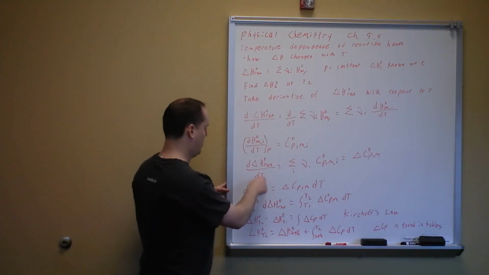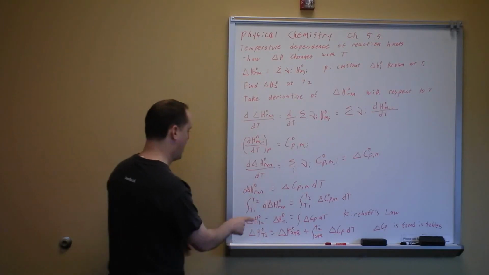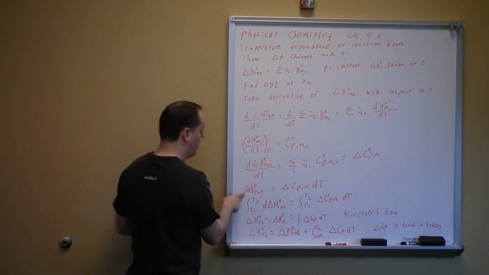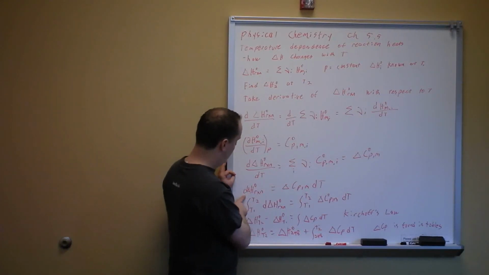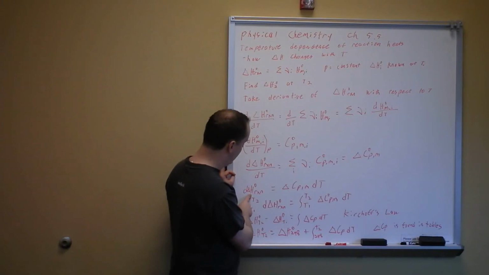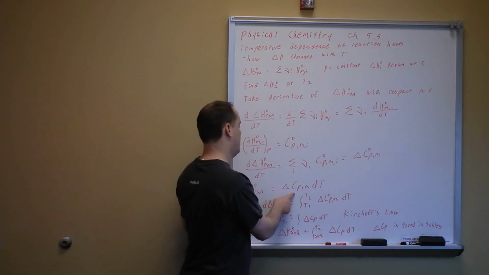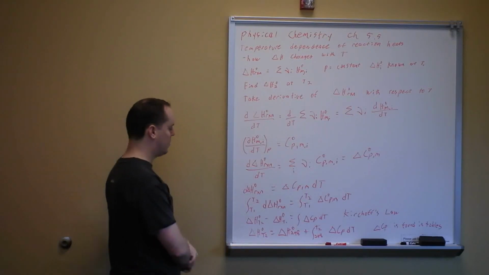So then we multiply by dT, so we get differentials on both sides. We have the differential of the change in enthalpy of reaction naught equal to the change in the molar heat capacity times the differential of temperature.